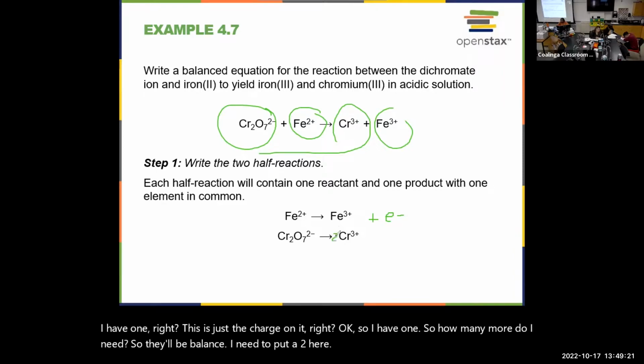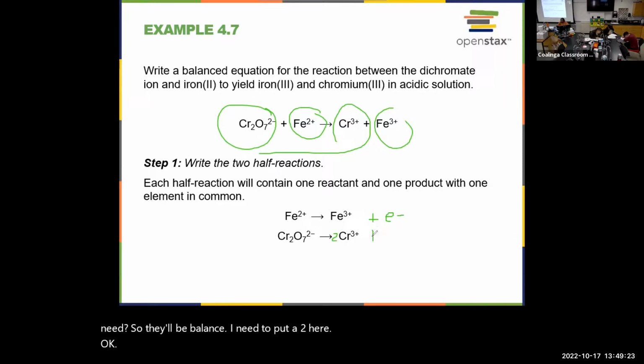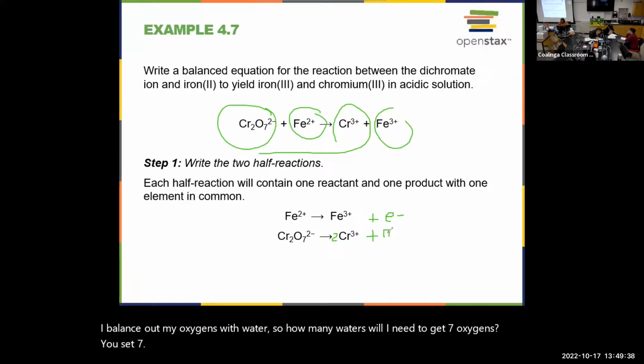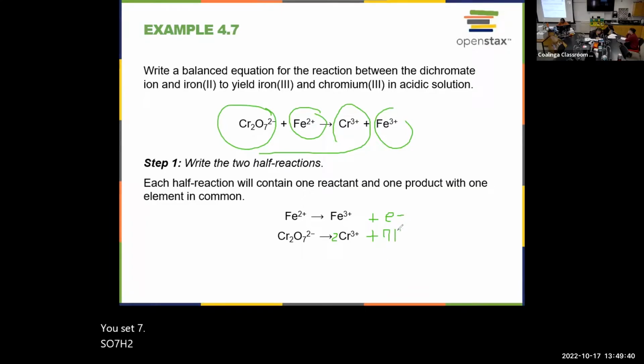Okay. So then I balance out my oxygens with water. So how many waters will I need to get 7 oxygens? 7 H2O. Okay. And then it says to balance out your H's with H plus.